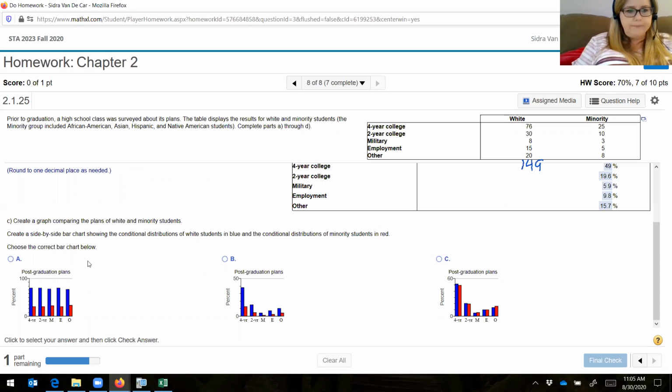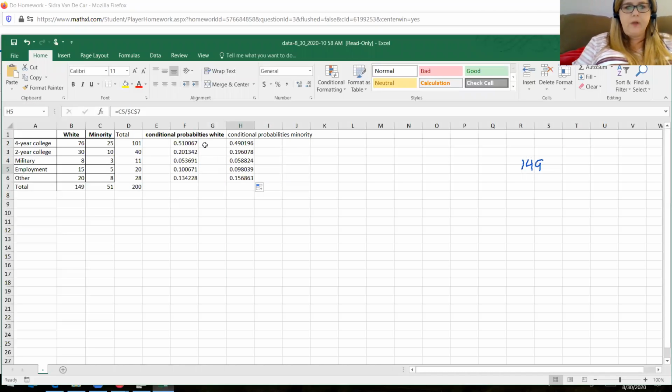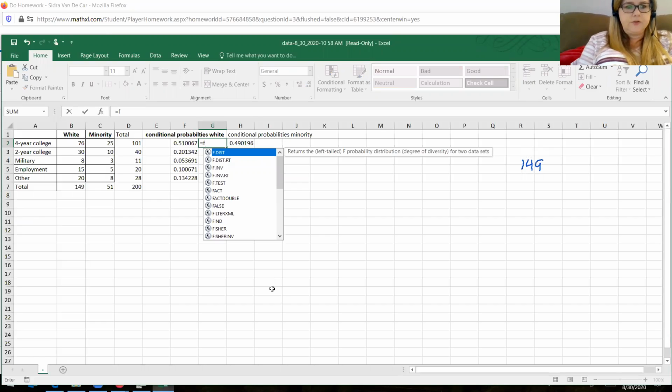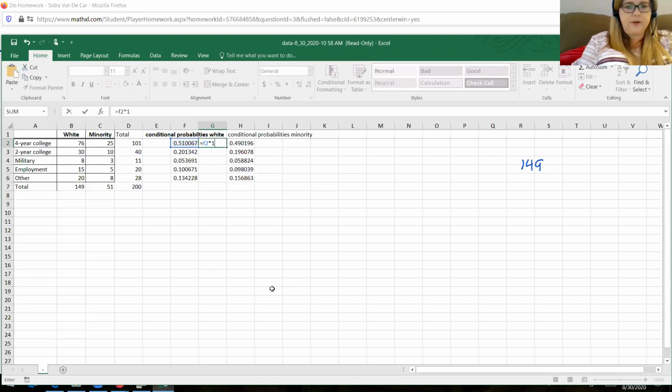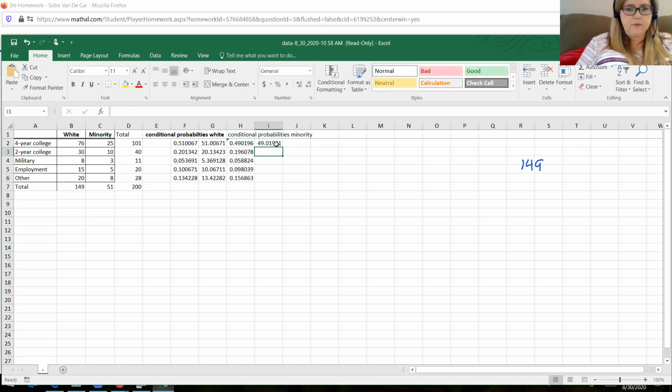Okay, so to create this, I can just go equals F2 times 100, and then bring that down, those are our percentages, and equals H2 times 100, and bring those down. And those are our conditional percentages.